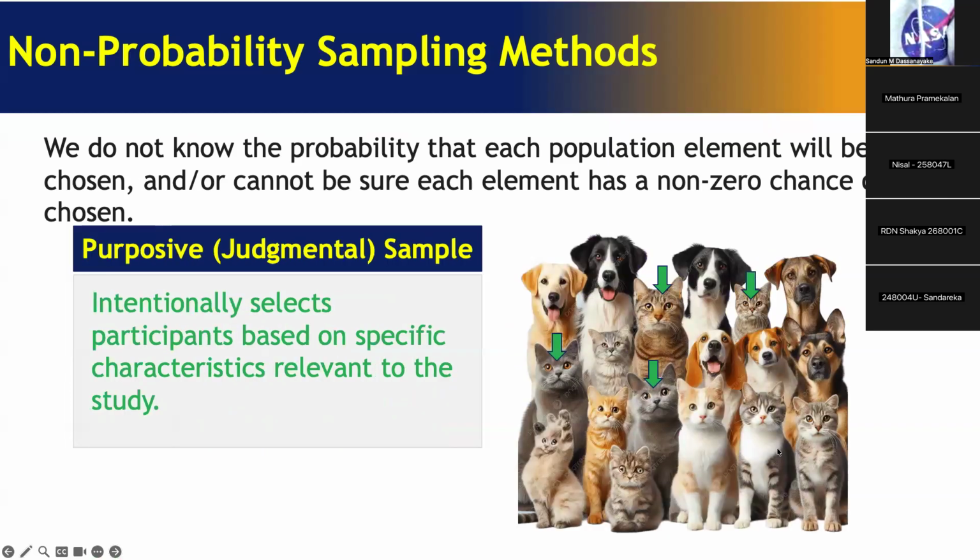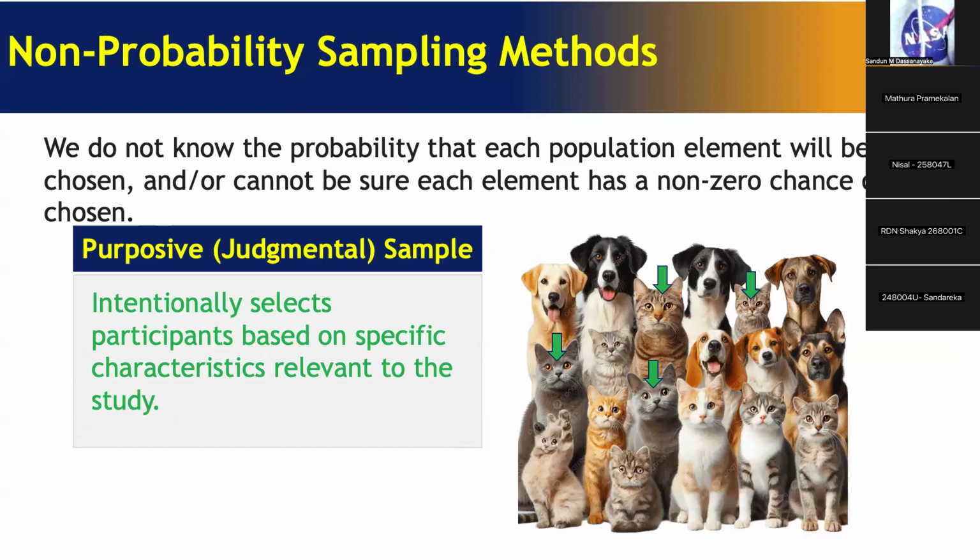Purposive sampling, or judgmental sampling, intentionally selects participants based on specific characteristics relevant to the study. So it can be like fishermen, or in this case, cats. I have selected these people purposefully. So I decide what the characteristics are.